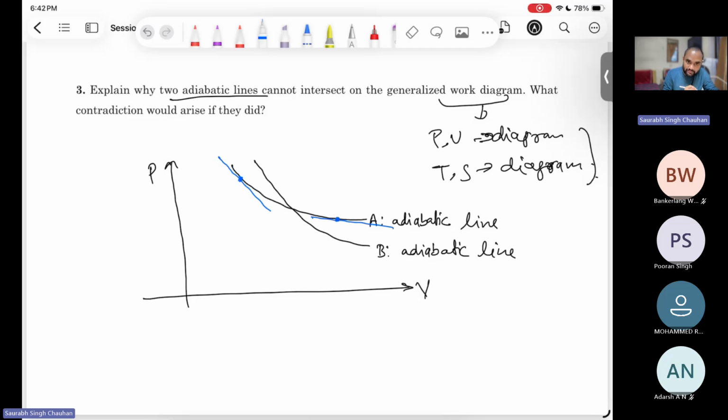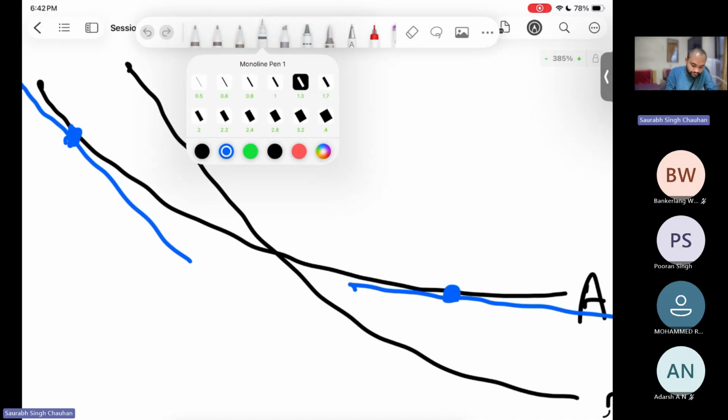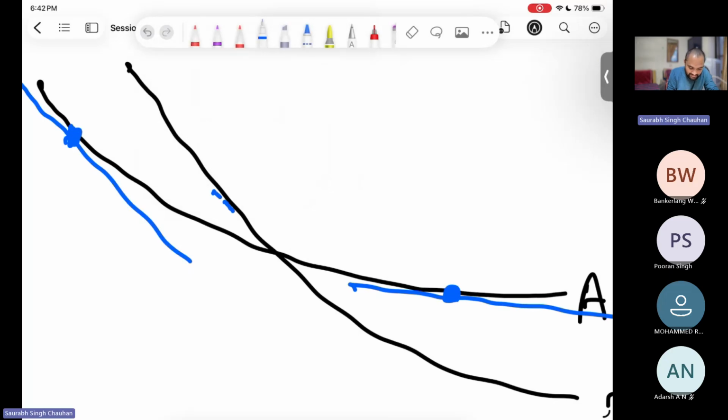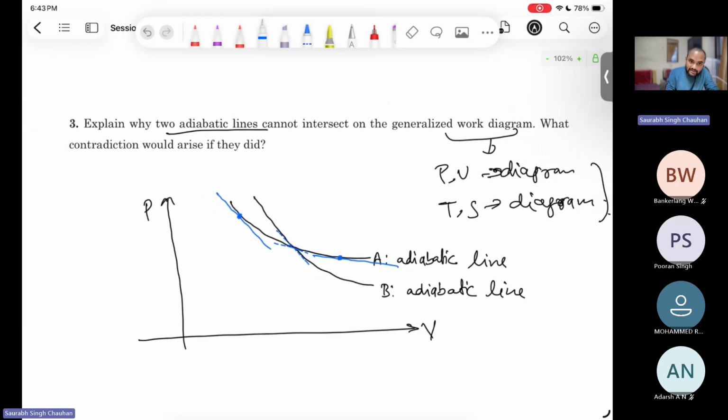But at a given state, at a given point, the slope is fixed. So if these intersect, then at this intersection point, both lines have different slopes, right? This line will have this slope and the other line has another slope. But at a given point, the adiabatic line will have a fixed slope. So at a given point, there cannot be two slopes for an adiabatic process. So this is not possible.